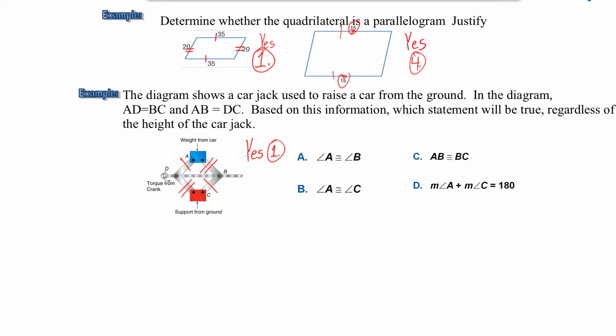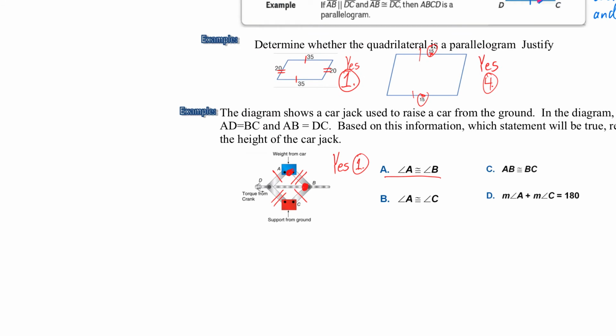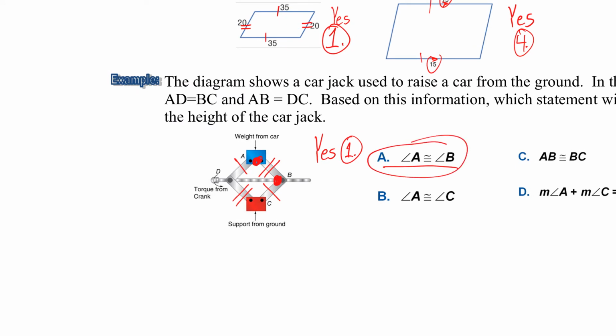Is angle A always going to be congruent to angle B? Is this angle right here always going to be congruent to this angle right here? Wait, what angle? Oh, sorry, it's not catching up. I don't know why this has totally stopped.